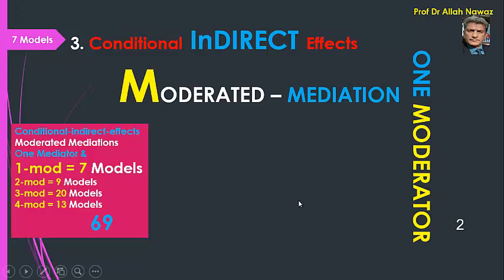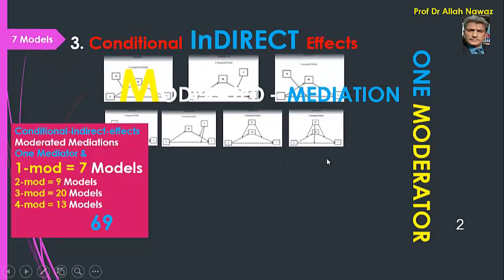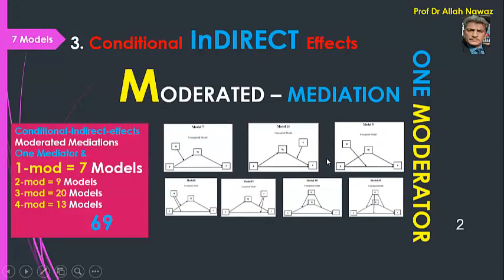So this is the subcategory within the conditional indirect effects, the first category where 1 moderator has been used to create conditional indirect effects of X on Y, and there are 7 models for this purpose. So the students or the researchers can create 7 different effects using 1 moderator, taking advantage of these models.